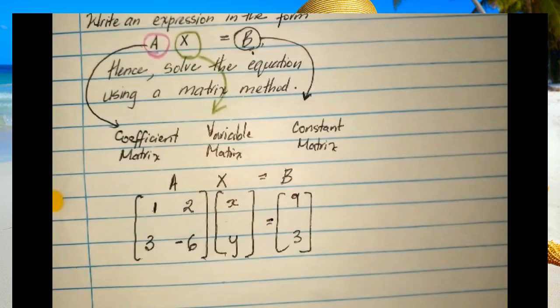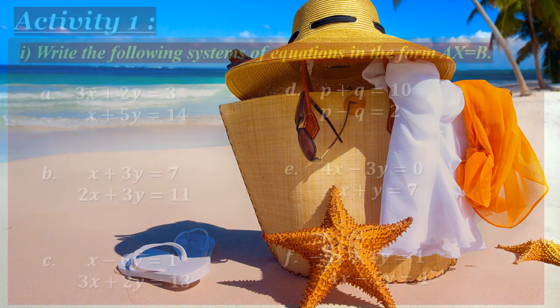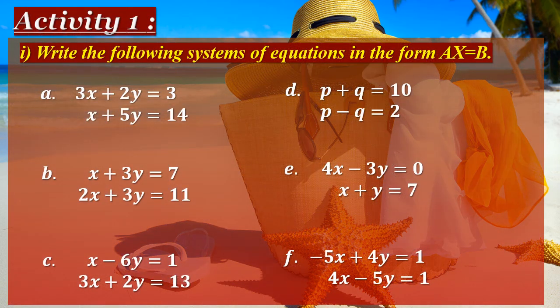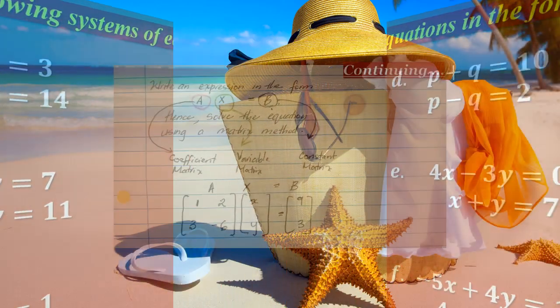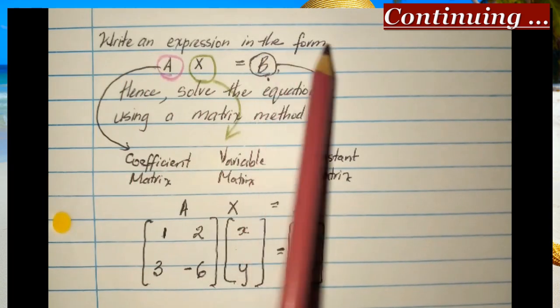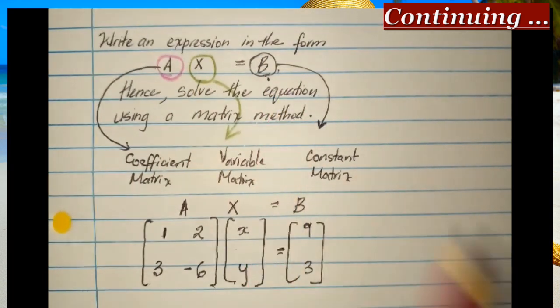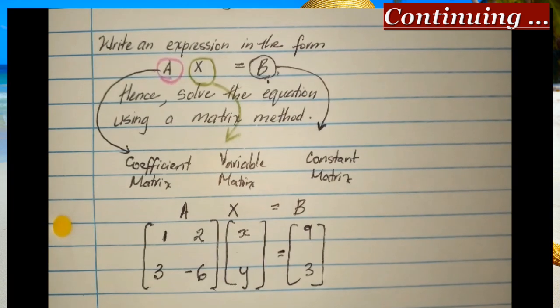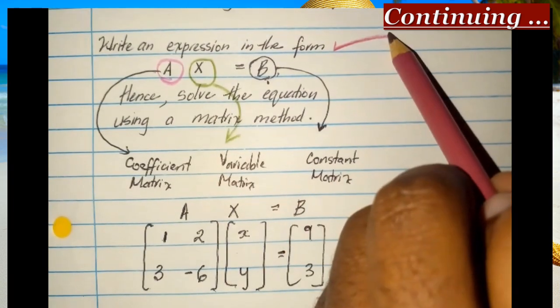Easy so far. So we just wrote an expression in the form AX equals B for the system of equations above. So we're finished with that.